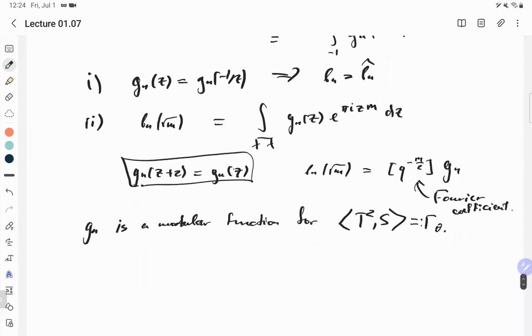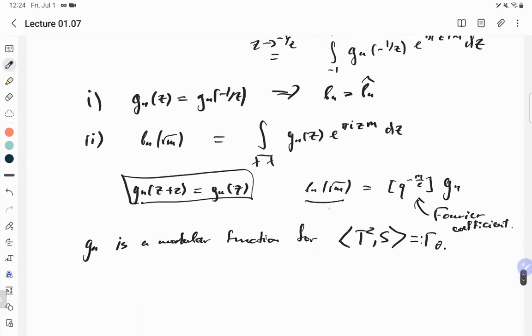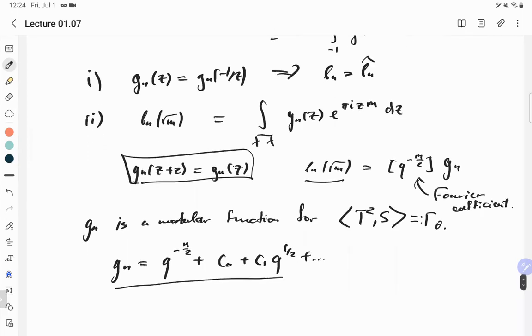And so we want this to be a delta function, so we have to find a Gn with Fourier expansion starting with q to the minus n over 2, so there's only one negative term, and the next term should be C0 plus C1 q. And there's a simple exercise to show that there is a unique such function for every n, and that's the one that you use.